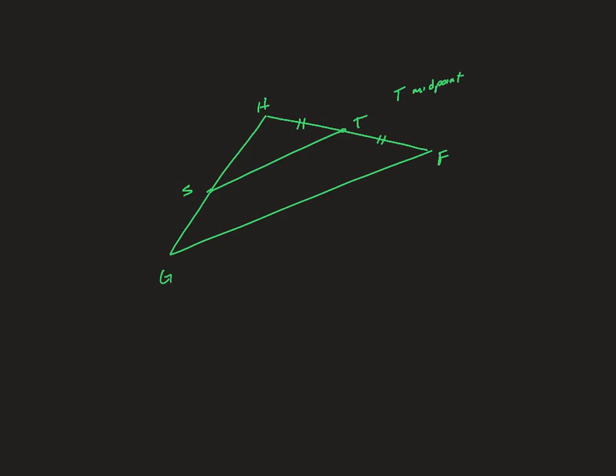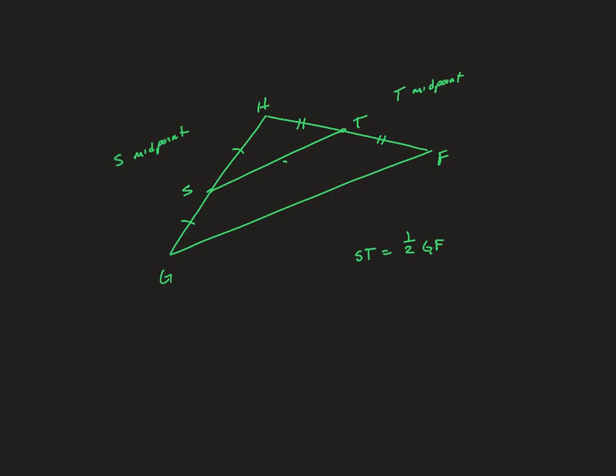And then if SH and SG are congruent, that makes point S also a midpoint. And we know because of the midpoint that ST is going to be equal to 1/2 of GF.